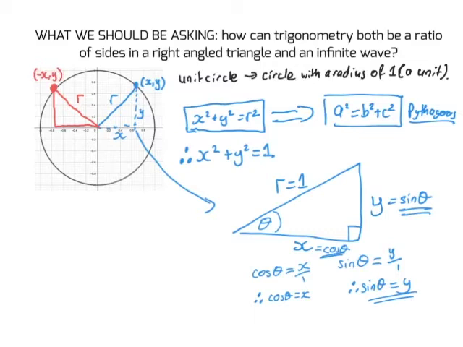But we've got to remember, x is cos theta. So as I start to move my point around the circle, cos theta, which is represented by x, will become negative. And then I can keep this moving around again.